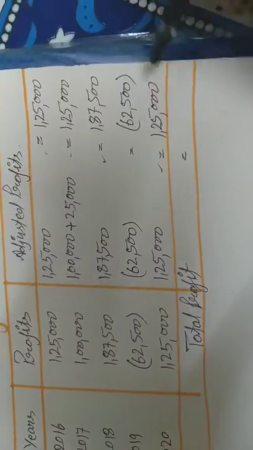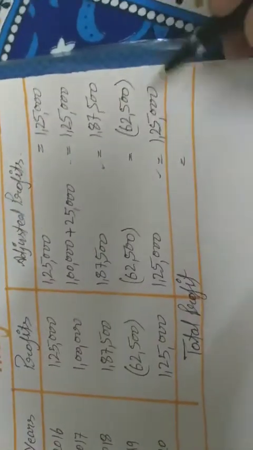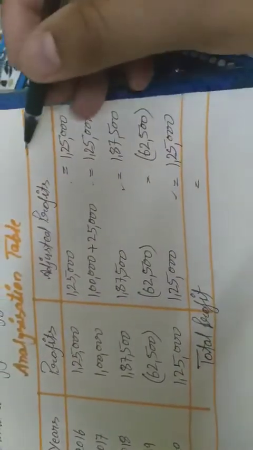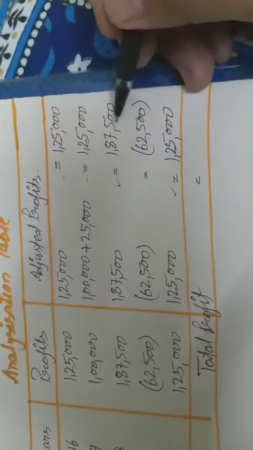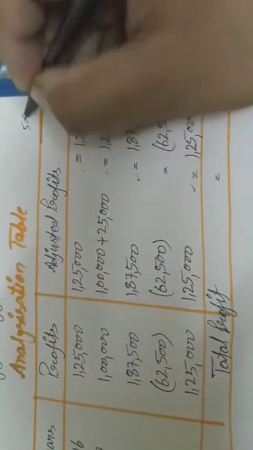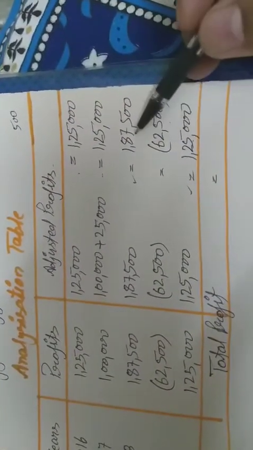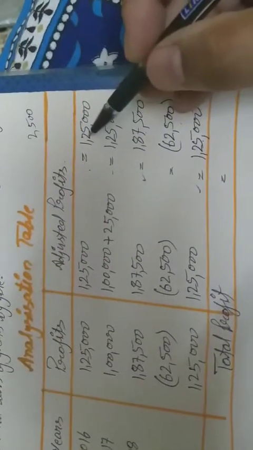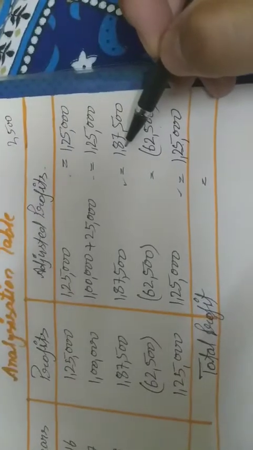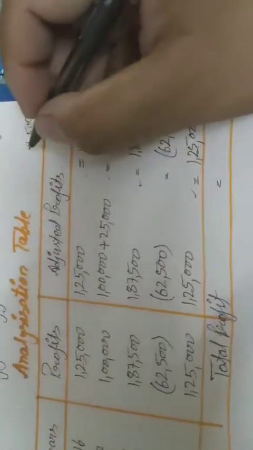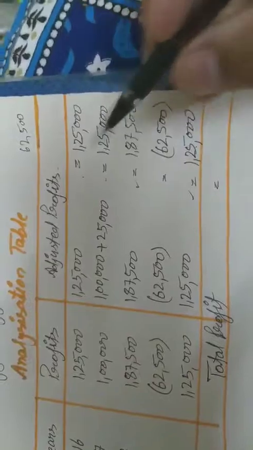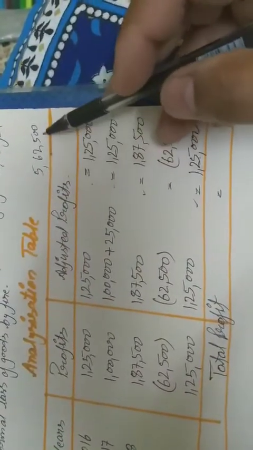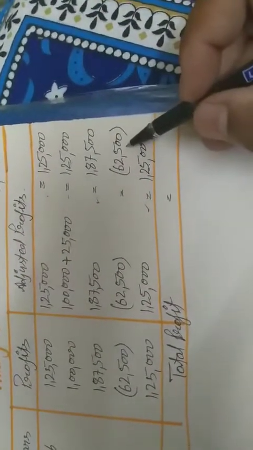So the total of all the four equals to, I am writing here the total profit: 500, 5, 7, 12, 12 or 10, 22, 2 carry, 4, 6, 6 and 8, 14, 14 or 2, 16, 6 carry 1, 4 or 1, 5, 5,62,500, and from 5,62,500 we will subtract 62,500.